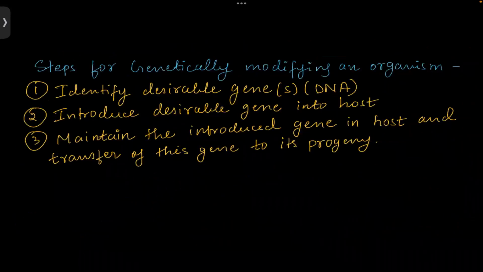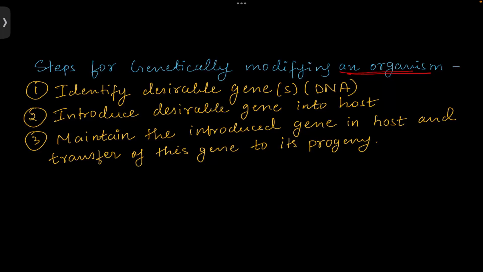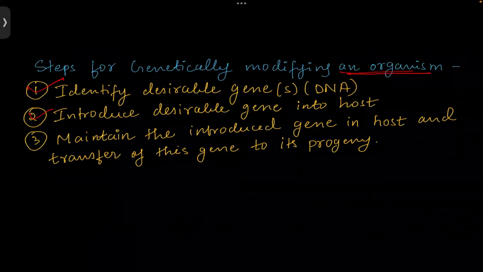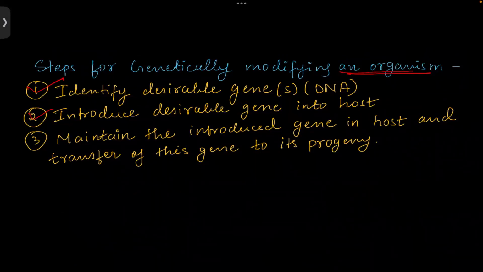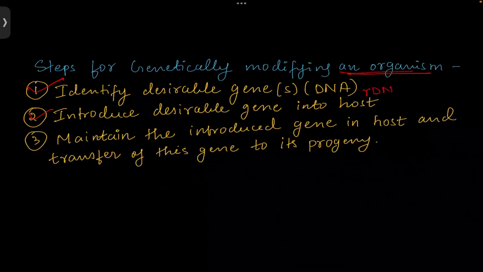So the first step in creating any genetically modified organism is to choose what gene you want to introduce into your host. That is, identify desirable genes. Next, you want to introduce this desirable gene into the host. For introducing it, you first have to create recombinant DNA.